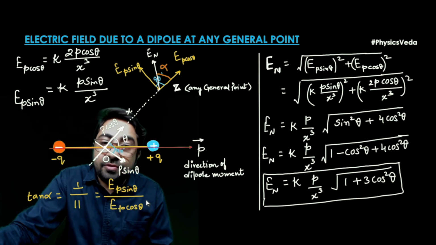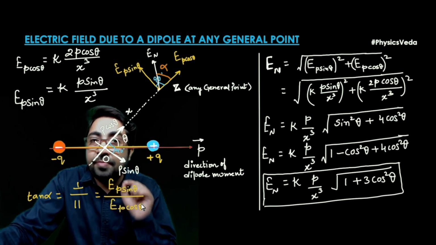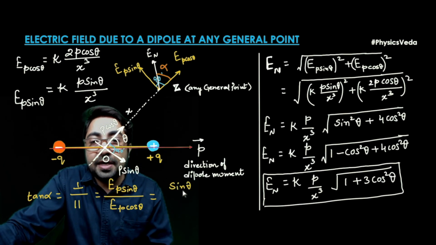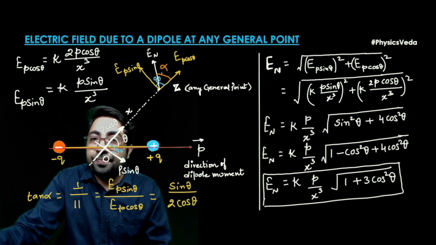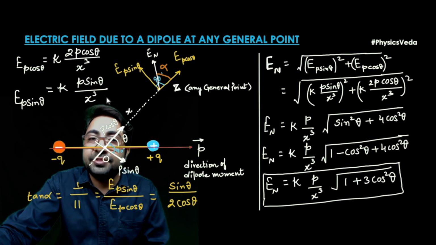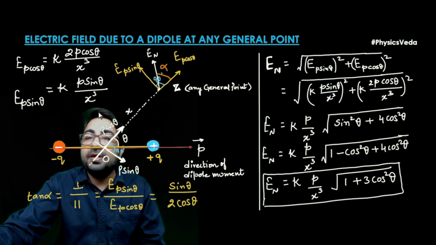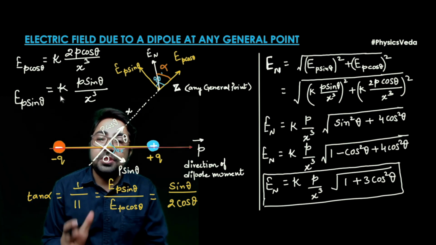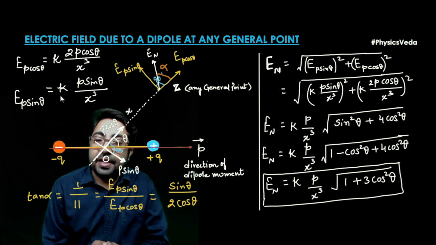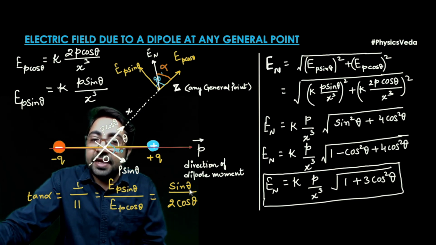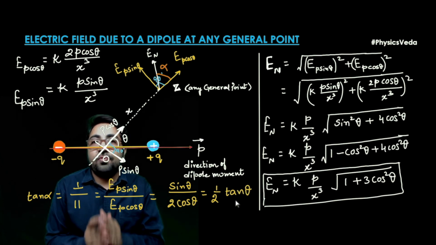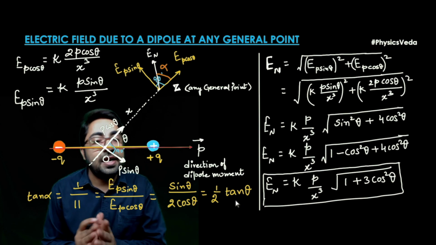Now after putting the values and simplifying, we get sine theta upon 2 cos theta, because in both the expressions K and P upon x cube are the same, so all these same quantities cancel. Only the fraction sine theta upon 2 cos theta remains, which I can write as 1 by 2 tan theta. So from this equation I can calculate the direction of the resultant electric field.